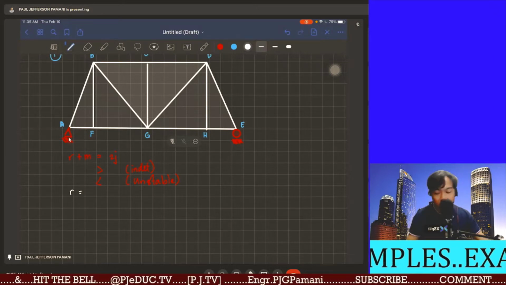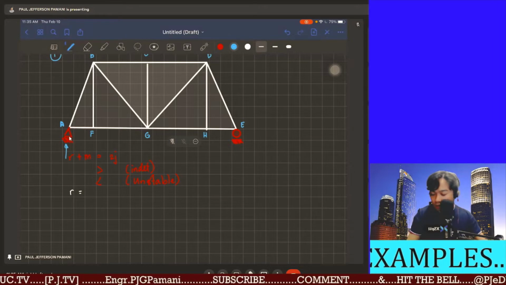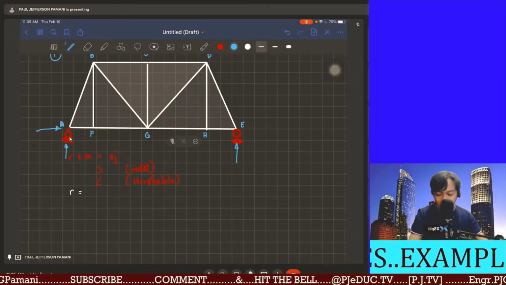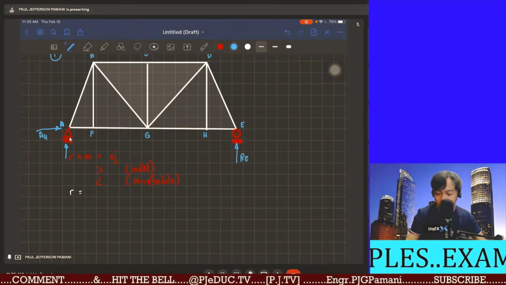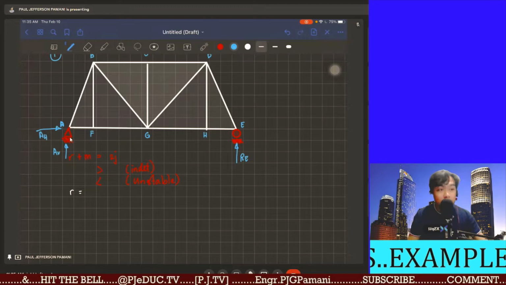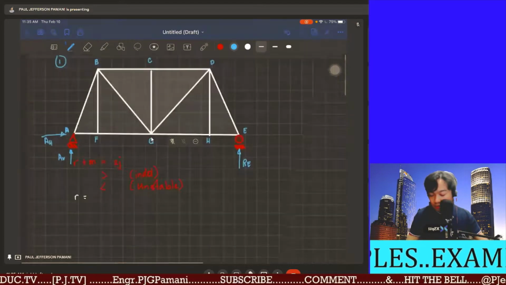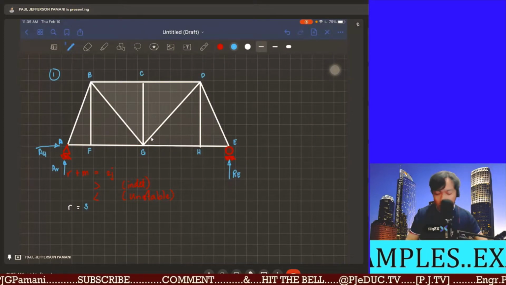The hinge has horizontal and vertical reactions, and the roller has a vertical reaction. We have RE, AH and AV. Okay? Then the number of reactions is basically 3.